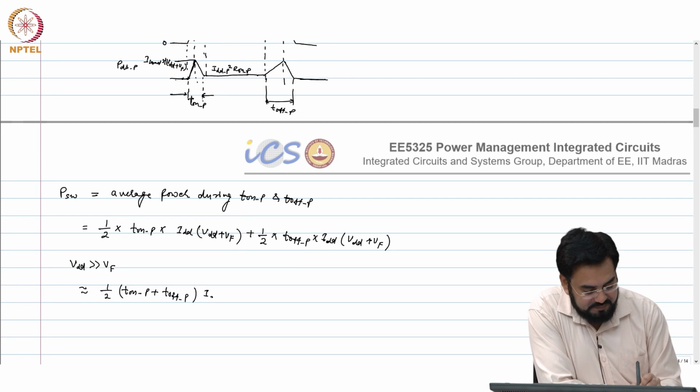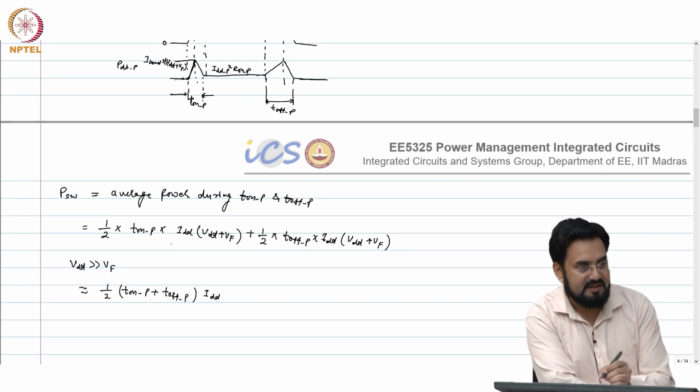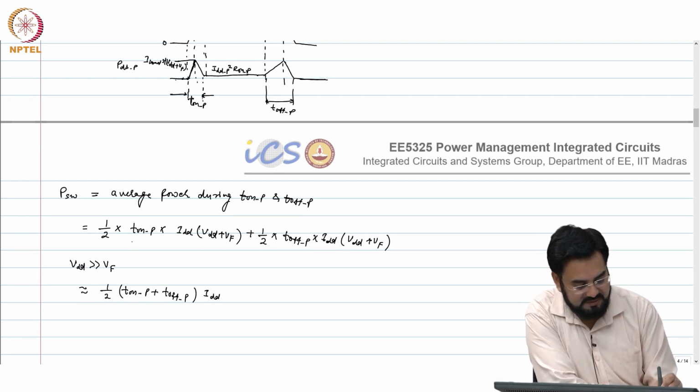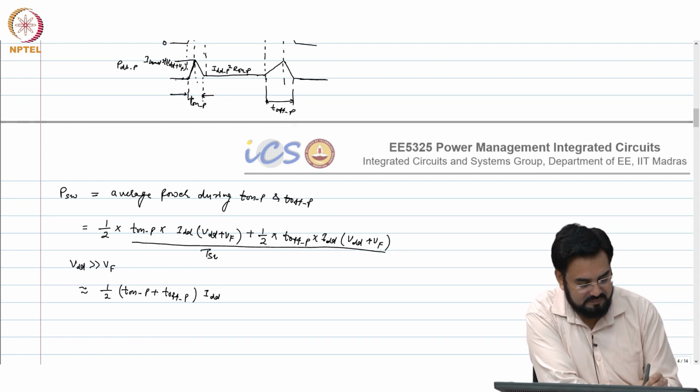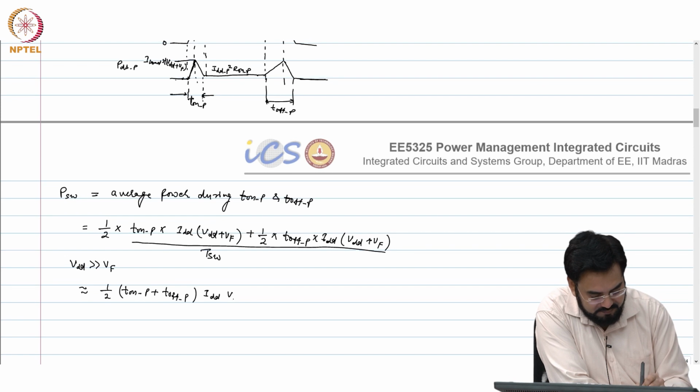Into, and you have to divide by TSW also, okay, switching period. So, this whole thing will be, not VF.